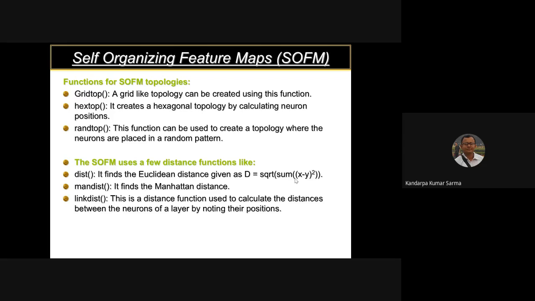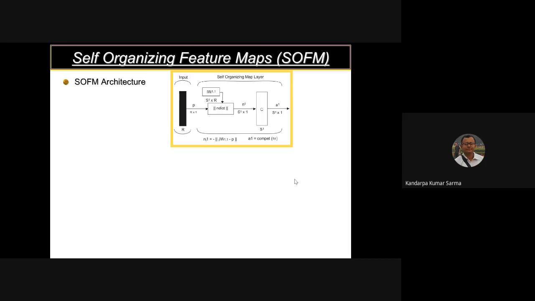Then linkdist calculates the distance function for the distances between the neurons of a layer by noting the points where they are.